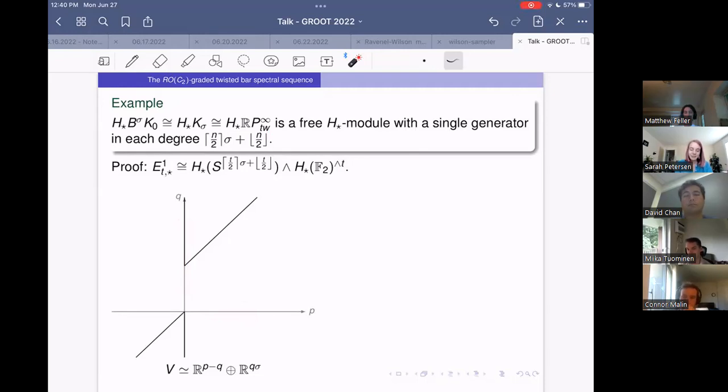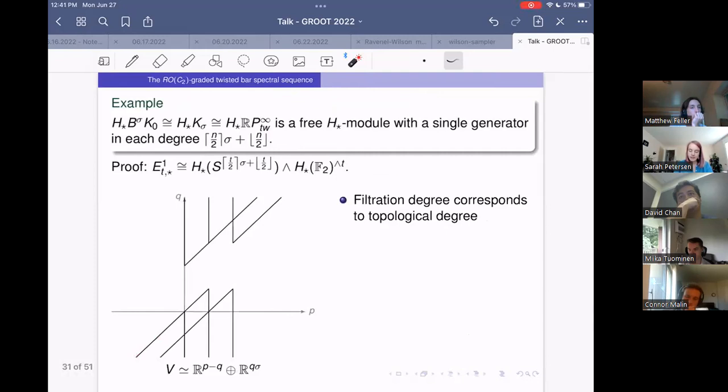So on the E1 page of this, at t equals 0, filtration 0, we get just one copy of the homology of a point in degree 0. When t equals 1, we get one copy of the homology of a point in degree sigma. So now we have a copy of the homology of a point here, and then another copy lying here.